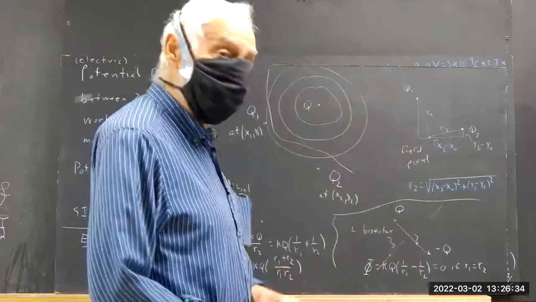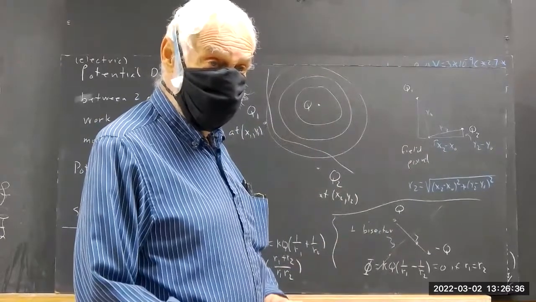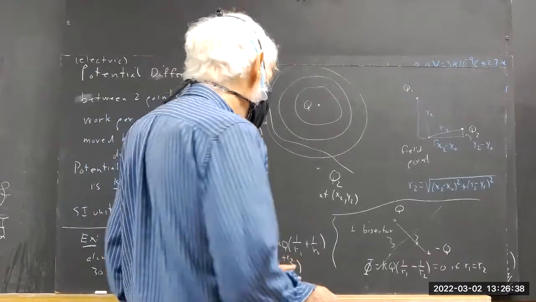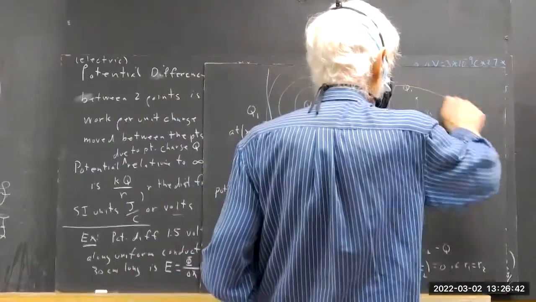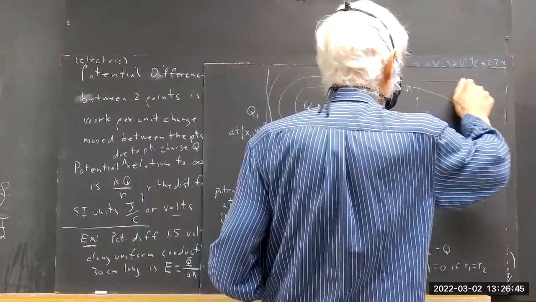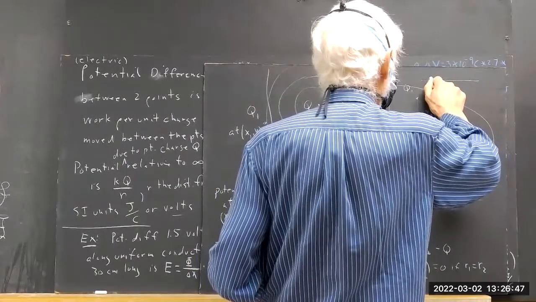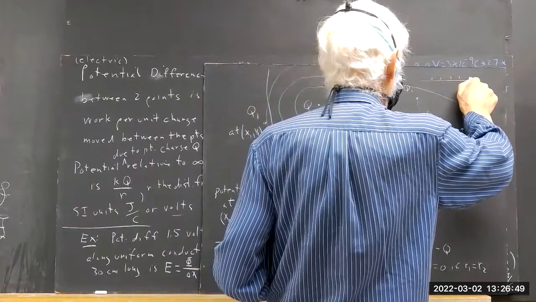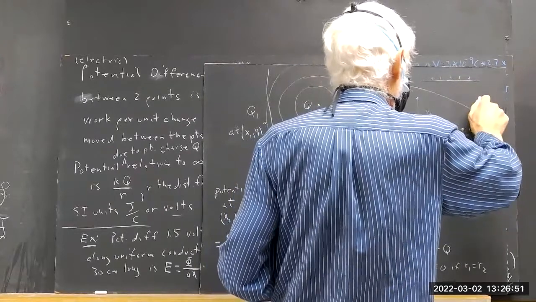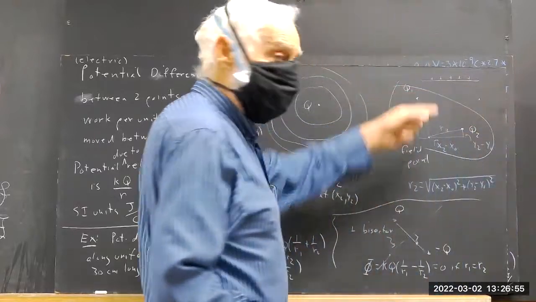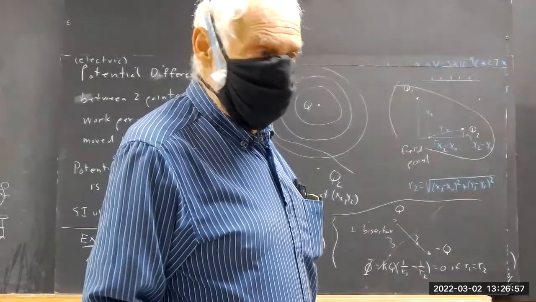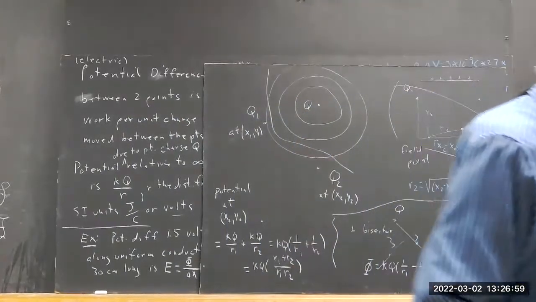So those are equipotential lines. If you have a line charge, all the equipotential lines are circles or cylinders around this charge. It's hard to draw that.